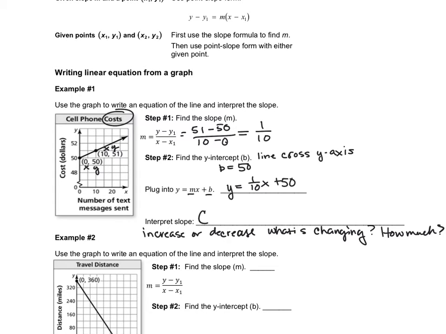So our cost increases 1/10, that's our slope, of our y, which is of $1 per every text cent. So your cost of your cell phone plan increases 1/10 of $1 for every text cent.